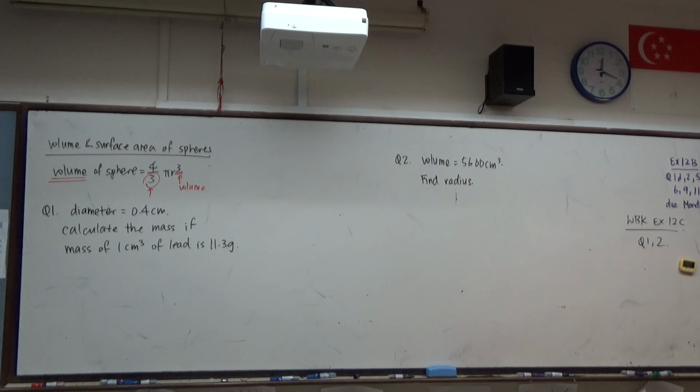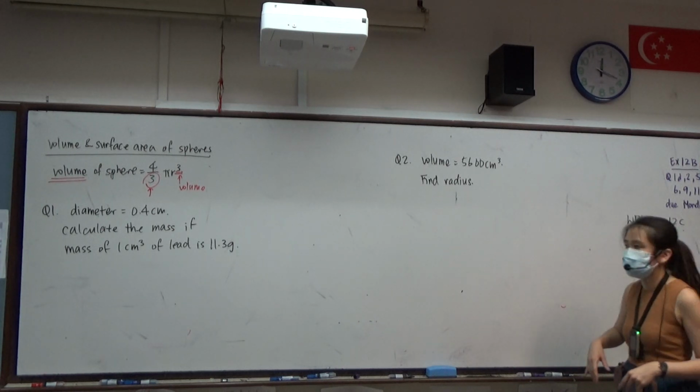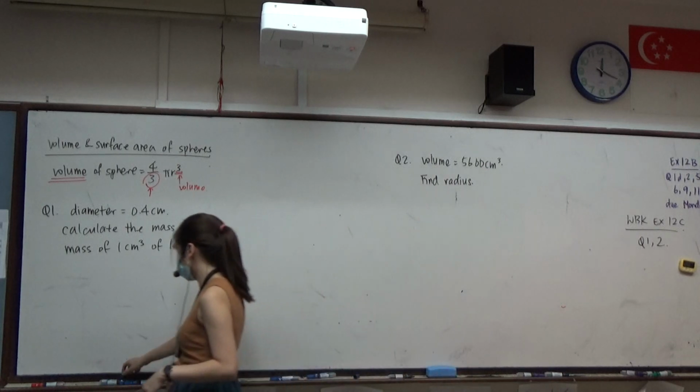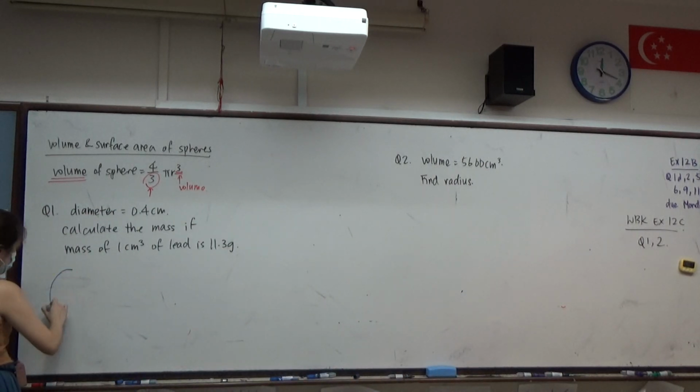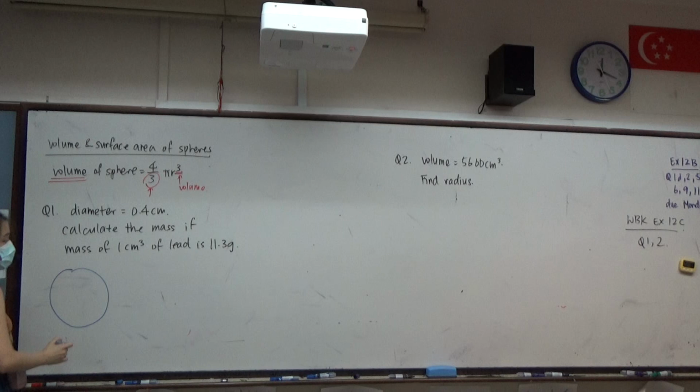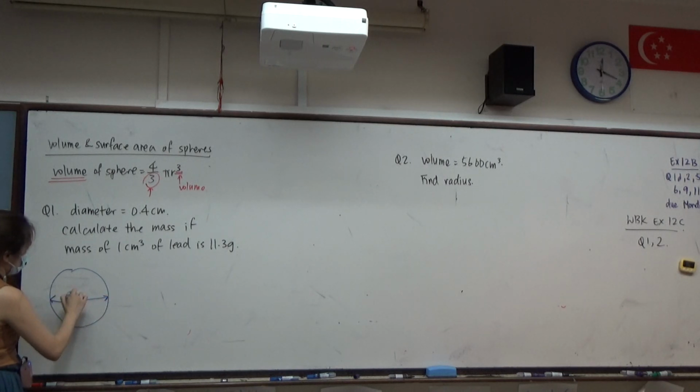Is anyone still having trouble with question 1? Question 1 says a sphere is made out of a certain material. You have a diameter of 0.4 cm.